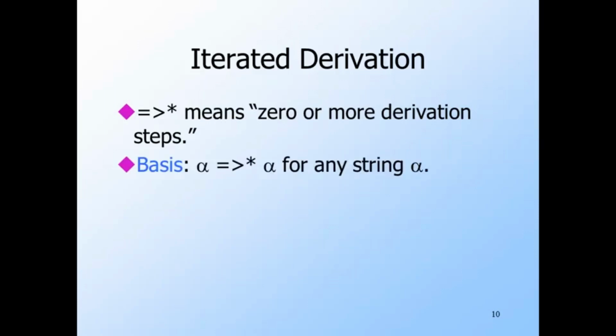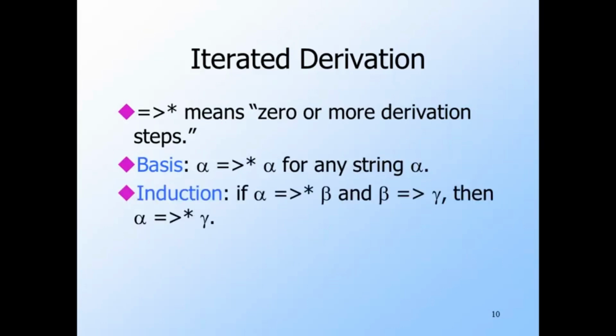The basis is that in 0 steps the string can't change, so any string goes to star itself. The inductive step lets us get from alpha to beta using any number of steps, including 0 steps. And then, with one more step, get from beta to gamma. The conclusion is, then, that alpha goes on some number of steps to gamma.